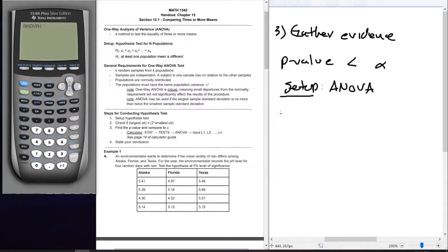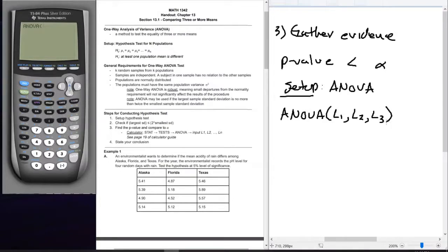What ANOVA needs is for you to enter the populations into the parentheses. Alaska we represented as L1, comma, Florida as L2, comma, and Texas as L3. Because ANOVA can test 3 or more population means, if necessary, proceed with a comma L4, L5, however many populations you have, and then you close.